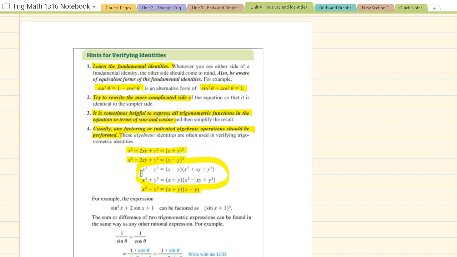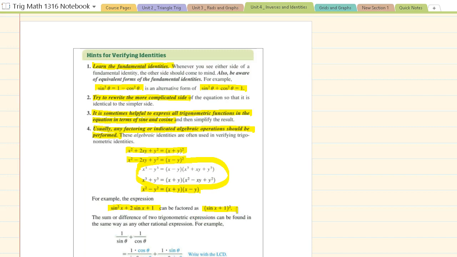And the main thing here is that we may not be seeing x squared and y squared, but what we will be seeing more so is something like sine squared of x plus 2 sine of x plus 1 that needs to be factored using our factored forms.